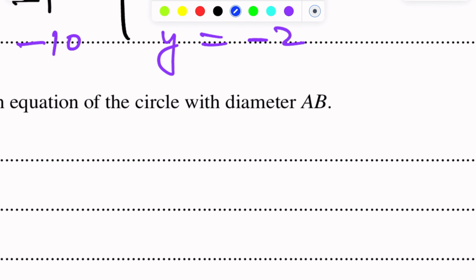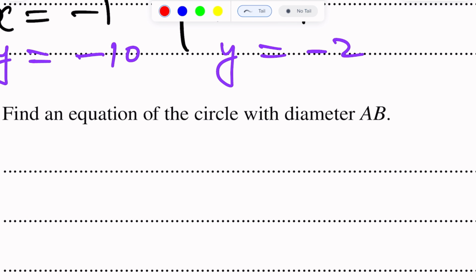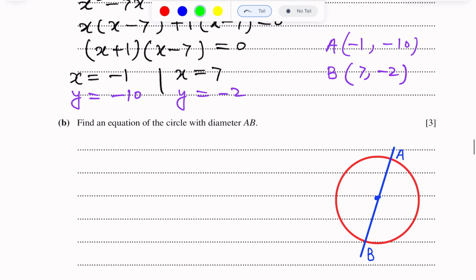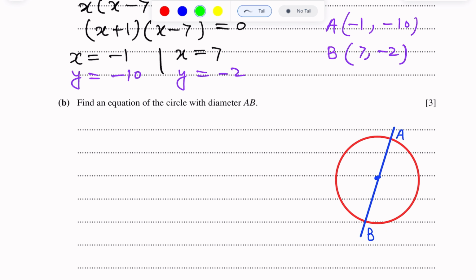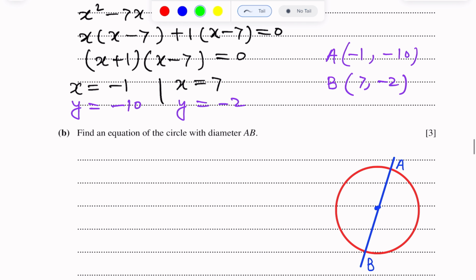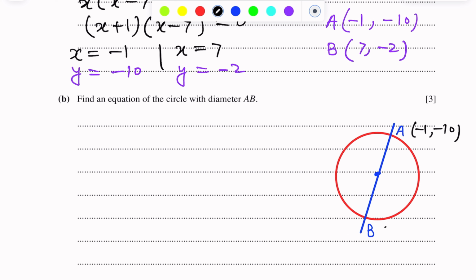Now to find the equation of the circle, we need the center of the circle and the radius of the circle. We have already found the coordinates of A and B: A is (−1, −10) and B is (7, −2).